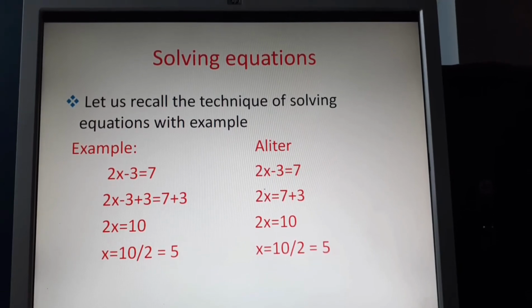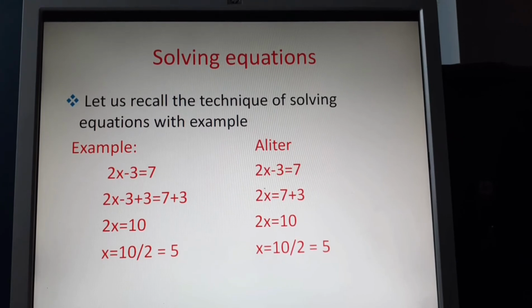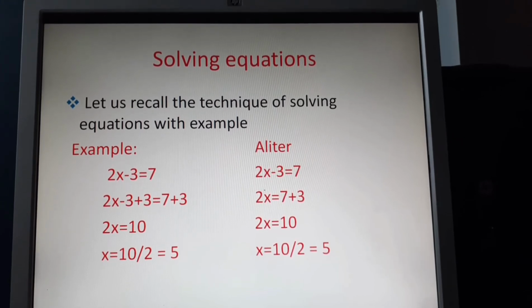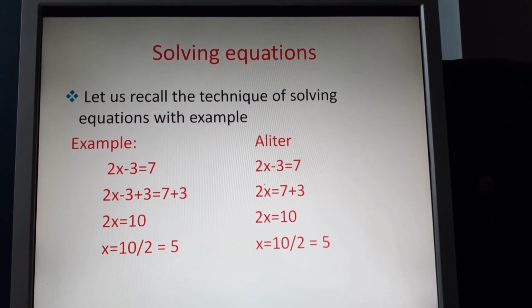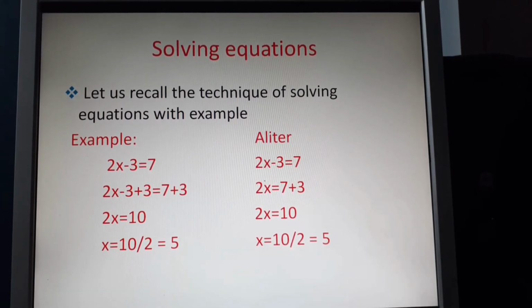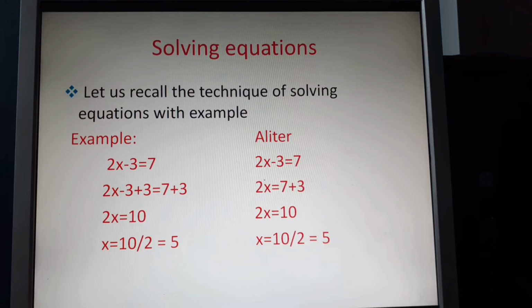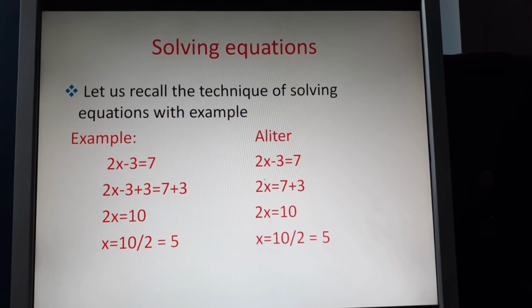2x minus 3 is equal to 7. 2x is equal to 7 plus 3. On transposing, minus 3 comes to the right hand side and it becomes plus 3.